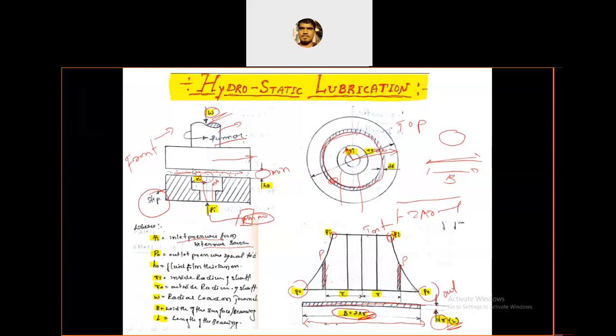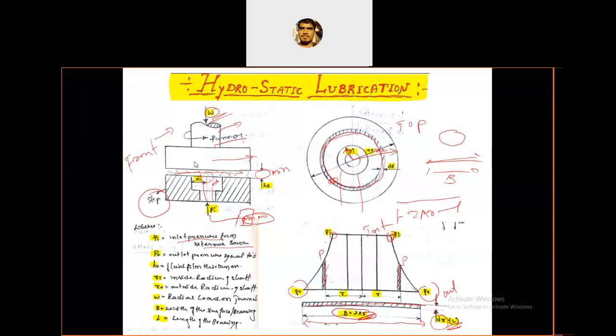We already derived flow in the capillary tube and flow in the parallel plate in the first module. In the first module we already derived the two equations. What is the flow in the parallel plate, and what is the flow in the capillary tube or circular tube? So it is suitable with two plates, correct?